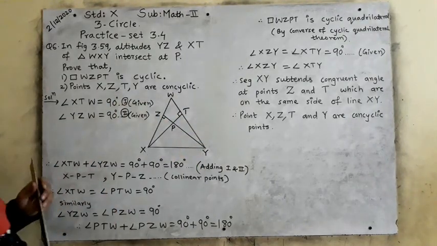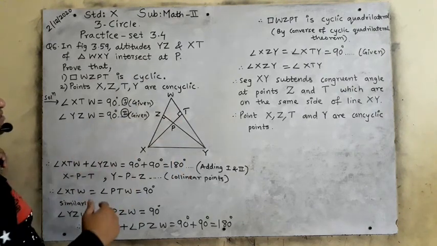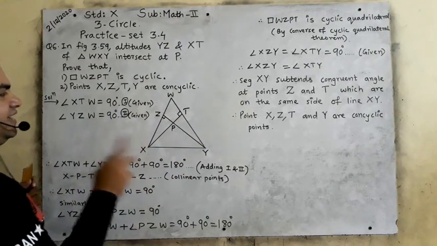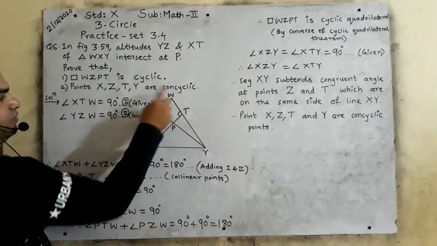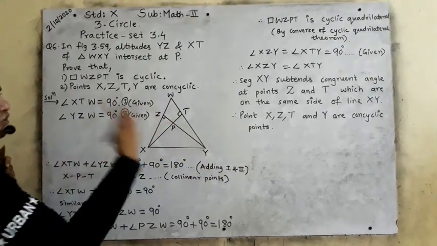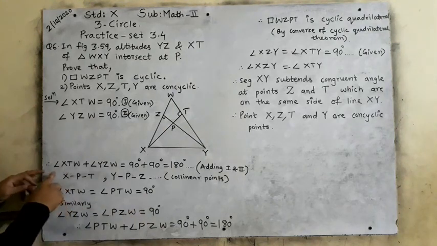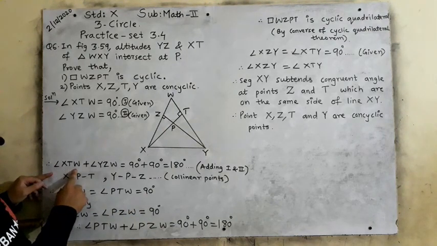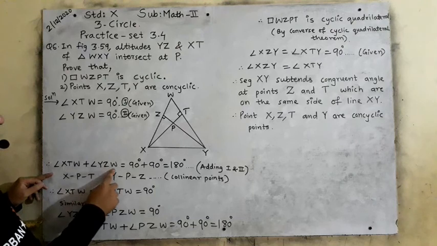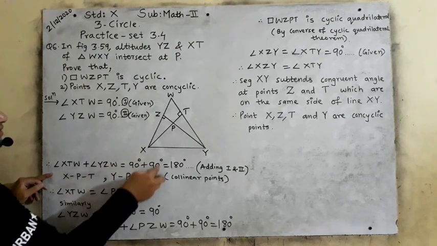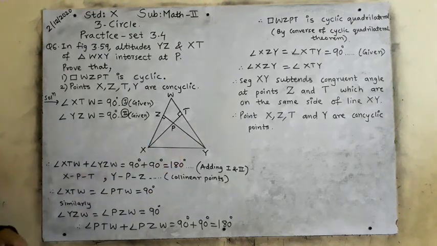So there are two angles which are 90 degree: XTW, number 1, and YZW, number 2. If you add them, therefore angle XTW plus angle YZW is equal to 90 degree plus 90 degree is equal to 180 degree.